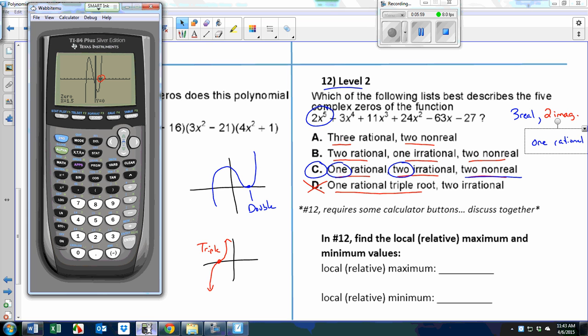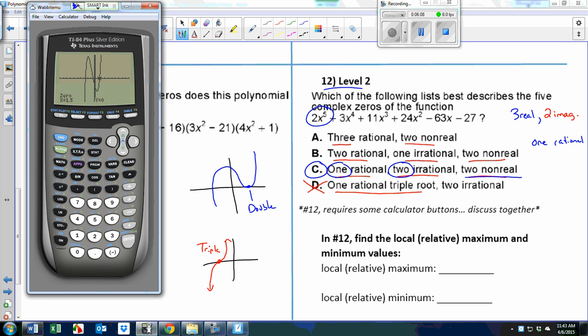You're also going to be asked to find the maximum and minimum in the constructed response, so I wanted to review those buttons in the calculator as well. The maximum is this point right here on this function. We're going to find that by going second calc, maximum, and set our cursor left of the point I'm trying to find. So left of that point, definitely left of it there, enter.